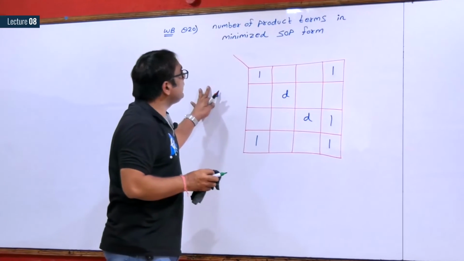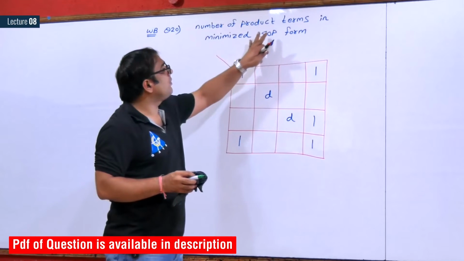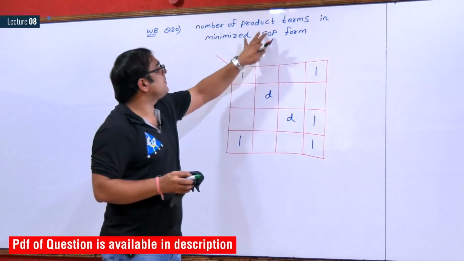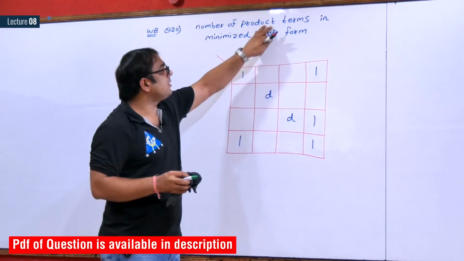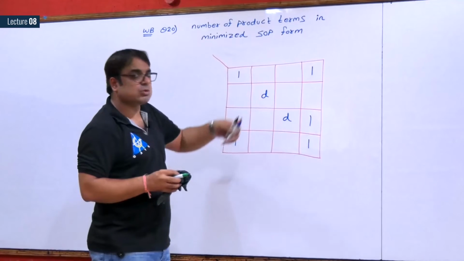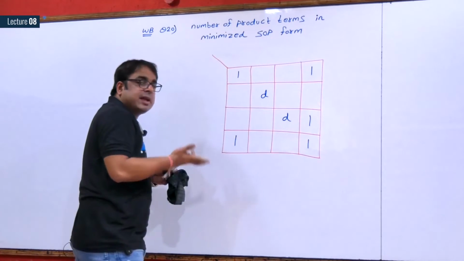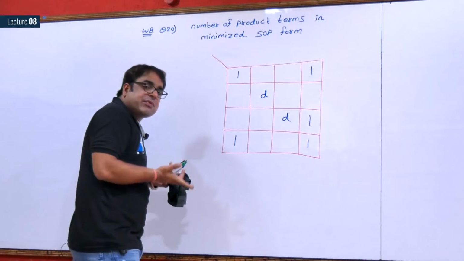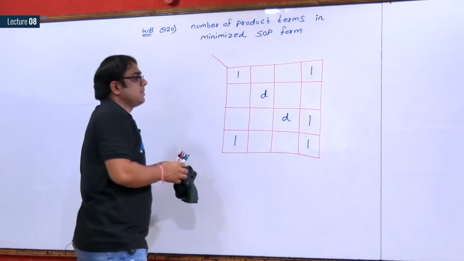Question number 20 of the workbook. You have to find the number of product terms in the minimized SOP form. How many product terms will be there in the minimized SOP form? For this we have to make the groups. Now the number of groups which we will make will give you the number of product terms.